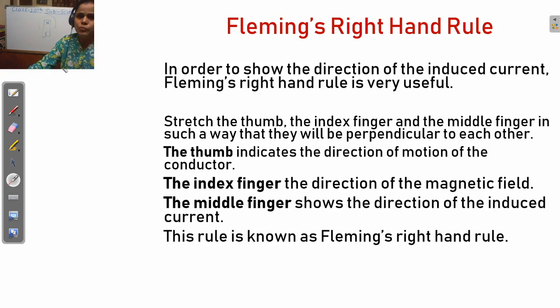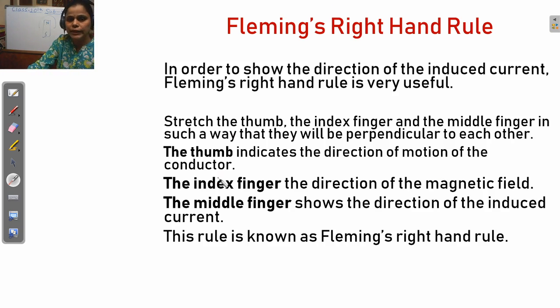Understand? So stretch the thumb, the index finger and the middle finger in such a way that they are perpendicular to each other. Then the thumb indicates the direction of the motion of the conductor. Motion of conductor means the movement of the conductor.